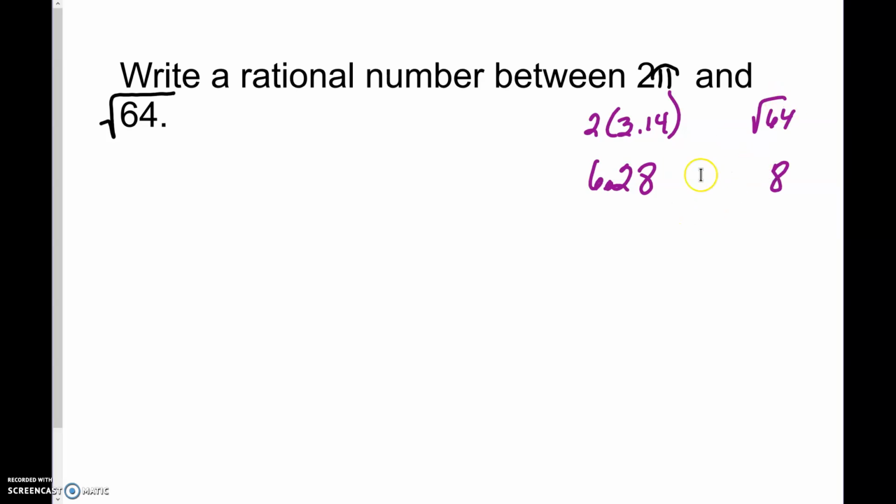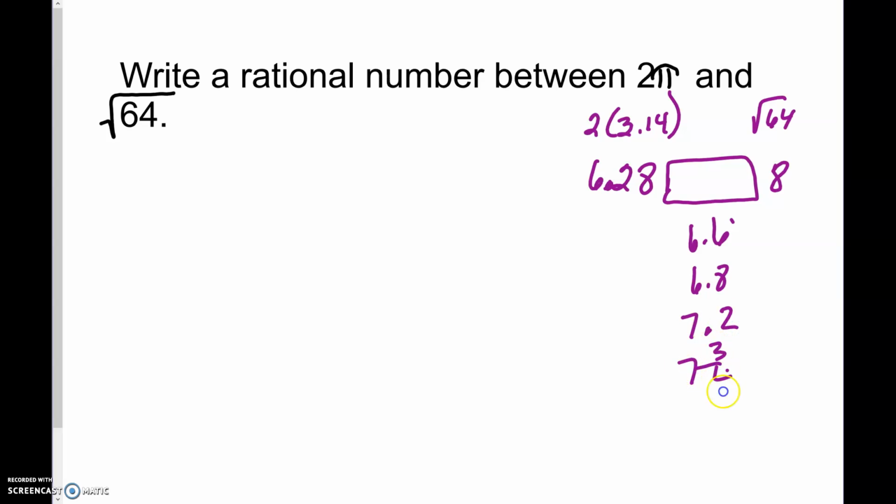So let's find a rational number between here. Okay, a rational number between here could be anything like 6.6, 6.8, 7.2, 7 3/4. Just the number 7 itself is a rational number. So we have lots of different numbers here, so we just have to pick one of them between that.